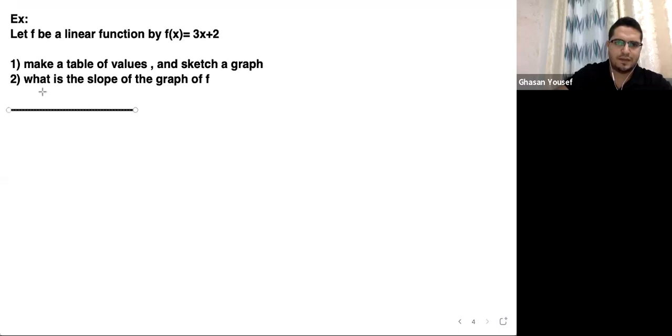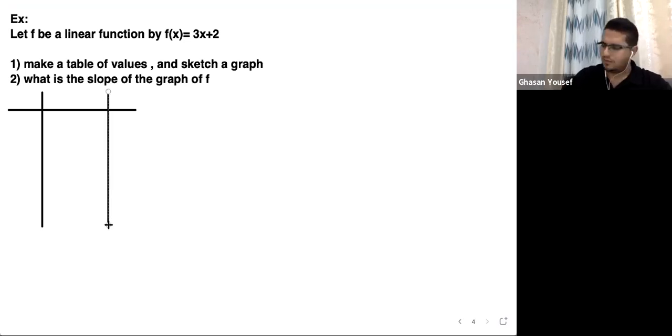Make a table, so we need the x value, and we need the f of x, and we need the ordered pairs, x and f of x.